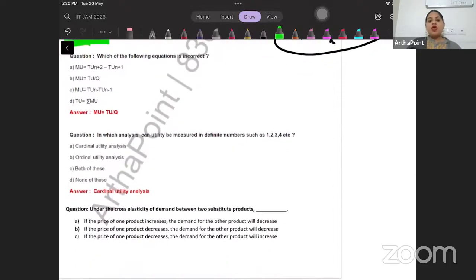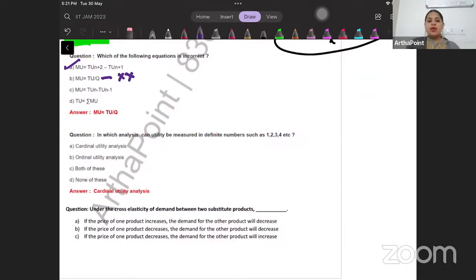Which of the following options is incorrect? So beta, let us see the first option. Marginal utility is TU(n+2) minus TU(n+1). On consuming one additional commodity, how much additional utility you get, that is marginal utility, right? So this is the correct option. So A is correct. Second, marginal utility is total utility by quantity. No, that can be average utility, not marginal. So this is not marginal utility.